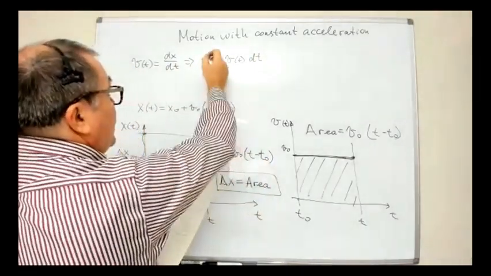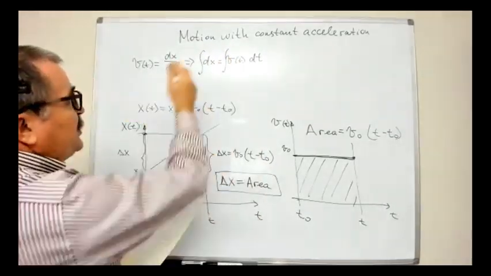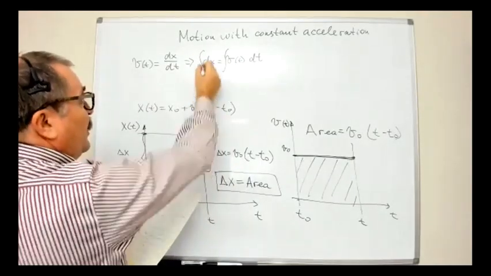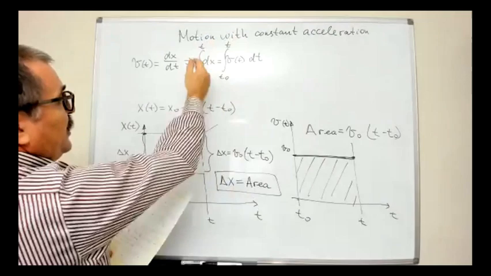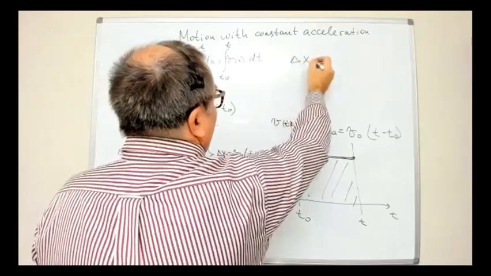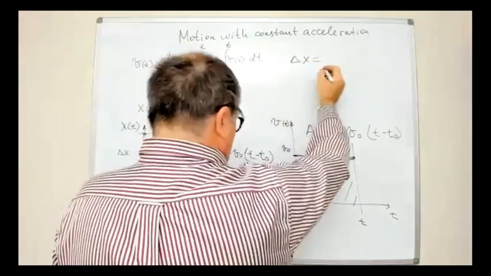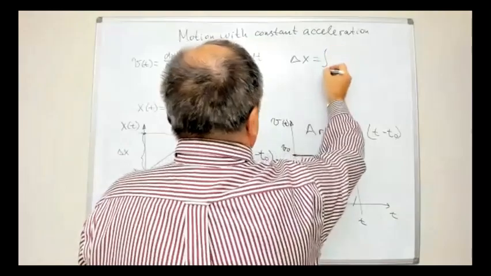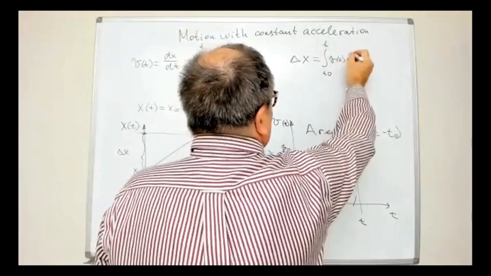And now, if we integrate both parts of this formula from t0 to t, then the left side of this equation gives us the displacement delta x, and the right side is the integral from t0 to t of v(t) dt.